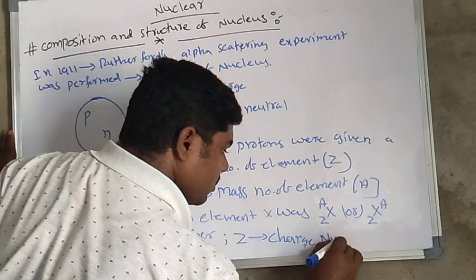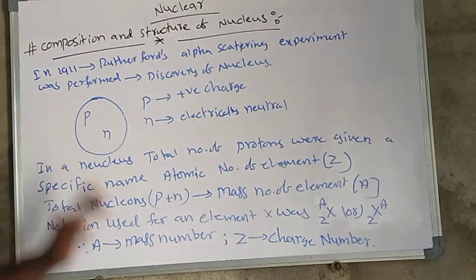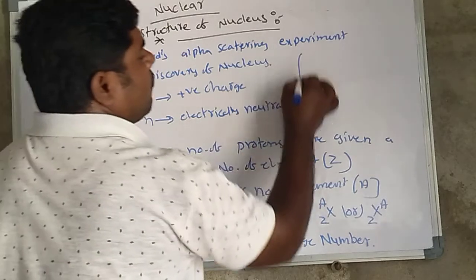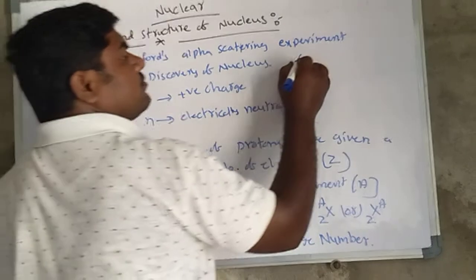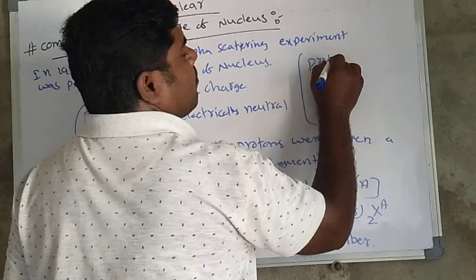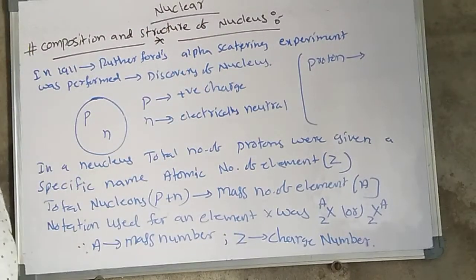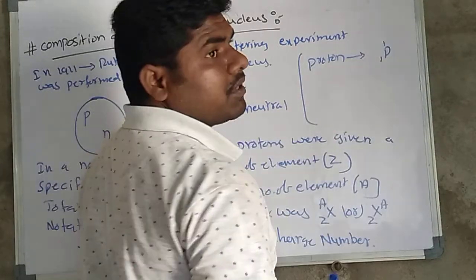That is called the charge number. Here the charges are very important. The proton is denoted by the letter P, with charge 1, and atomic number also 1.